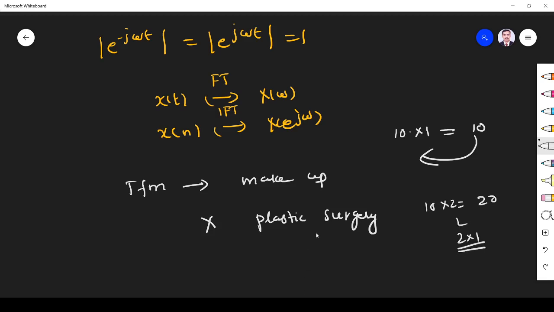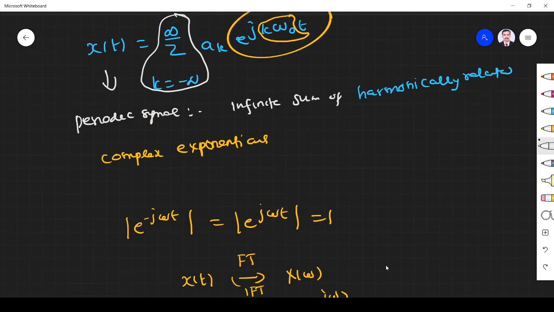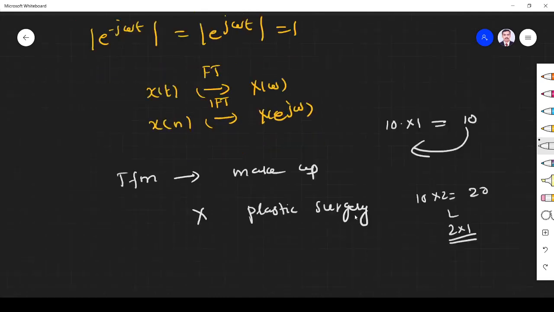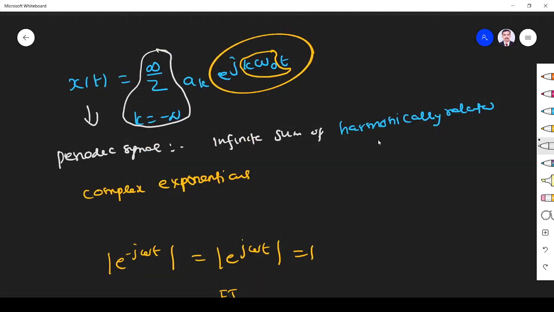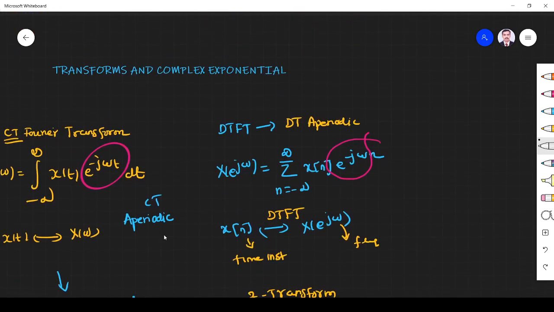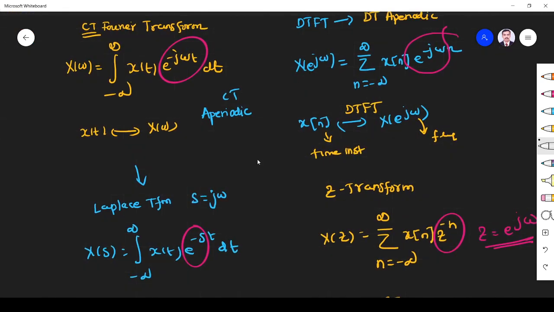Anything working with e power j omega t will not change the original magnitude of the signal, because the magnitude of e power j omega t is 1. So in all the transforms, it is like you are operating on your signal with a factor of 1. So the originality will not change.